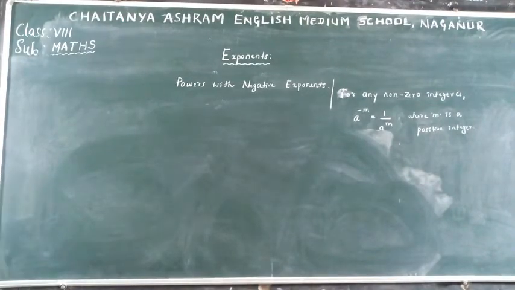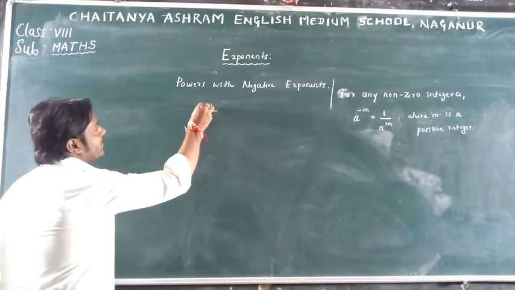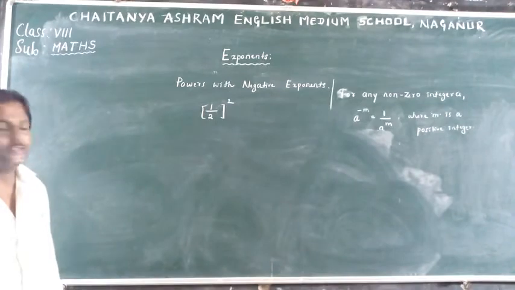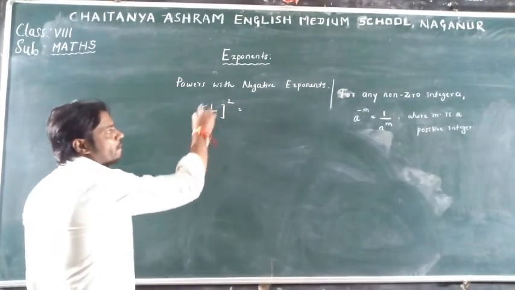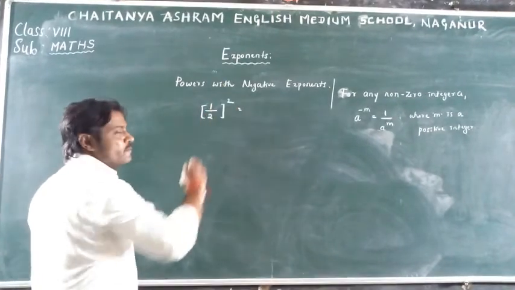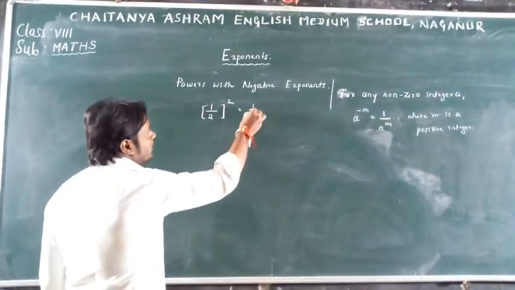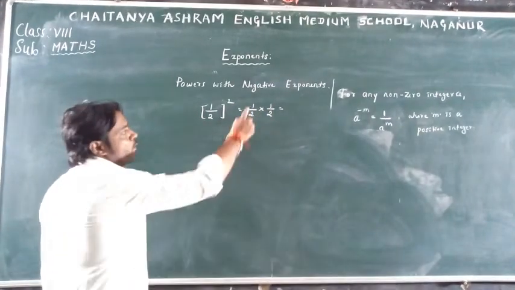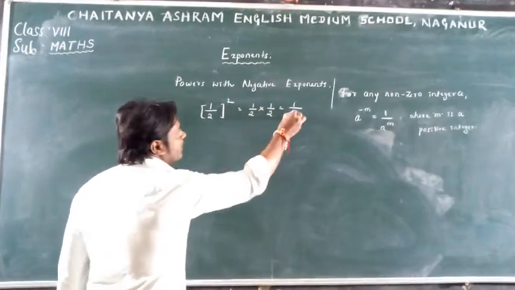Clear, children? What is the value of 1 by 2 whole raised to the power 2? The base is 1 by 2, the power is 2, meaning 1 by 2 is multiplied by itself 2 times. 1 by 2 into 1 by 2 is equal to 1 into 1, 1, 2 into 2, 4.